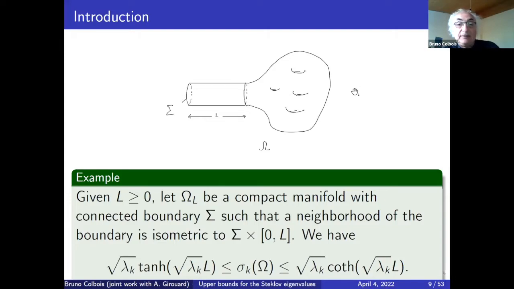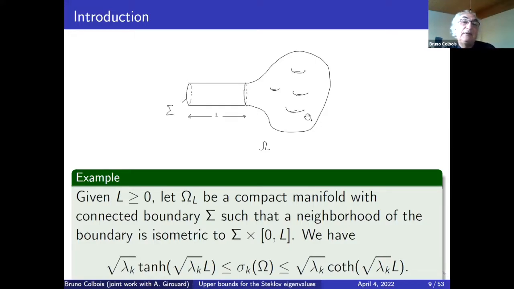Of course, it's not possible to calculate exactly the spectrum of the Steklov problem, but the k-th Steklov eigenvalue is approximated by the square root of the k-th eigenvalue of the boundary.